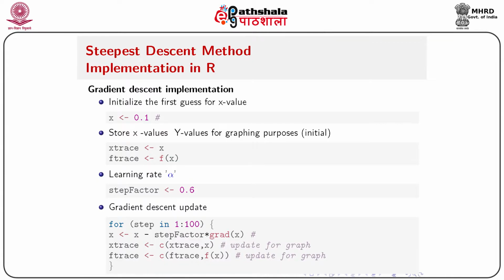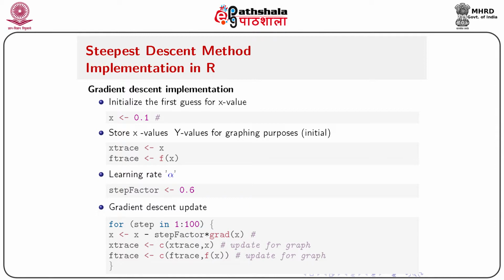For the gradient descent method, let's start with an initial value. The initial value is say 0.1, and we start x values and y values for graphic purposes: x trace is the x value and f trace is fx, the function value. The learning rate alpha, the step factor, equals say 0.6.